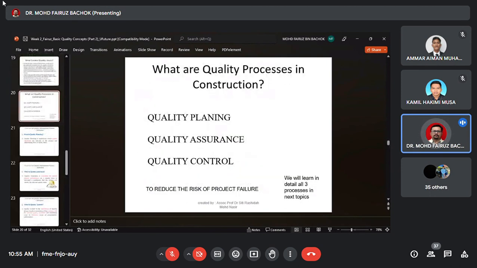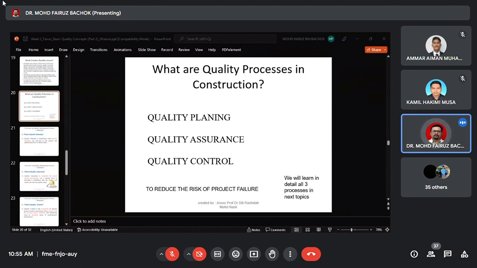Okay, what are quality processes in construction? There are three processes you are going to have to get good quality in construction. First, you should implement the quality planning, and then after the quality planning, you need quality assurance and end with quality control.